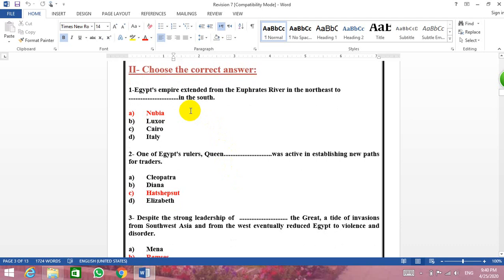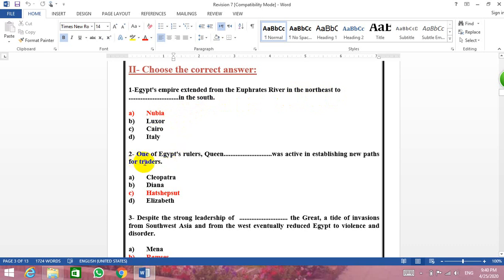You have to read the question, read the statement, and then you have 4 options and you have to select one of them. So number 1, Egypt's empire extended from the Euphrates River in the northeast to dash in the south. So the answer is Nubia. Option A, Nubia, is the correct answer.